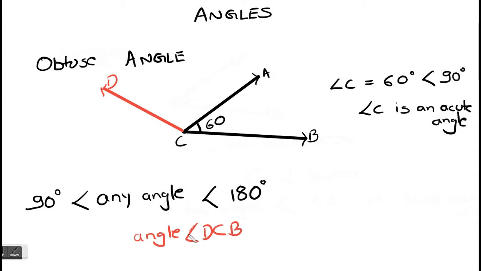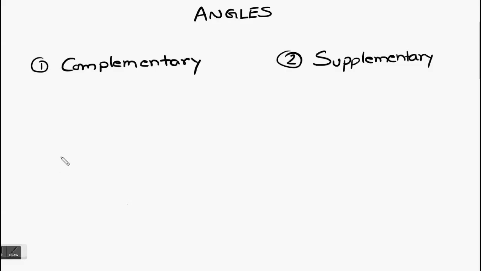So angle DCB, I'm assuming that angle DCB is equal to, let's say, 110 degrees. Obviously this DCB is greater than 90 degree, and this angle DCB is less than 180 degree. So it qualifies both the conditions for obtuse angle, and we can say that angle DCB is an obtuse angle. I hope this clears what is acute angle and obtuse angle.